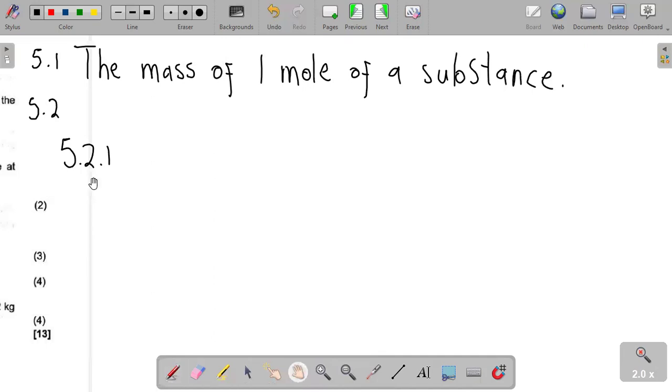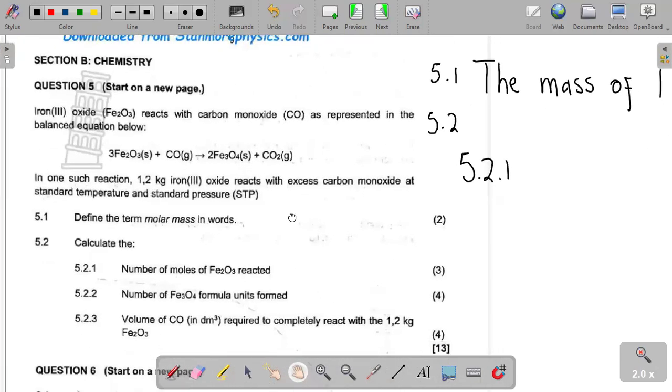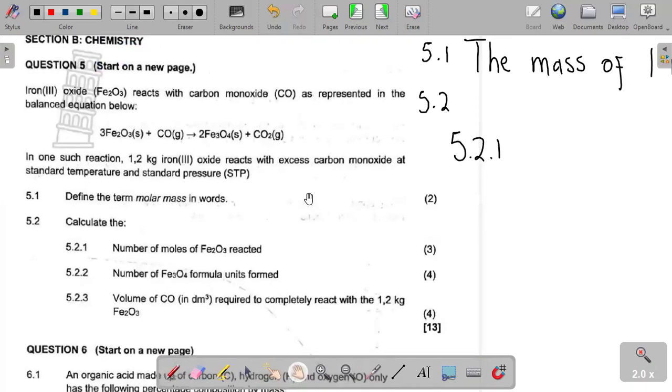So let us read the question together. They say iron 3 oxide reacts with carbon monoxide, CO, as represented in the balanced equation below. In one such reaction, 1.2 kgs iron 3 oxide reacts with excess carbon monoxide at standard temperature and standard pressure.